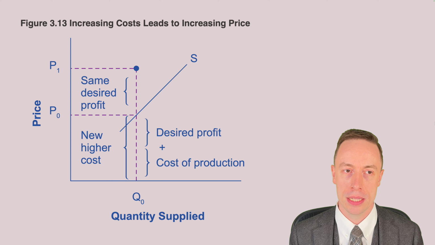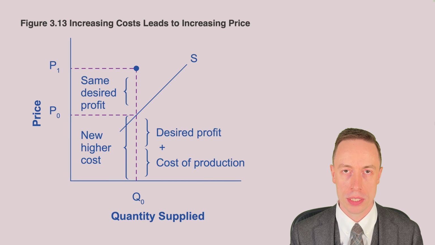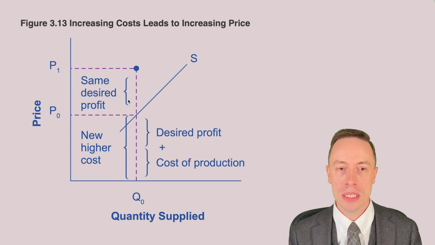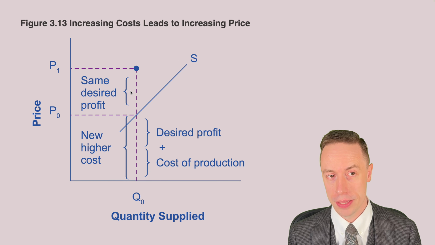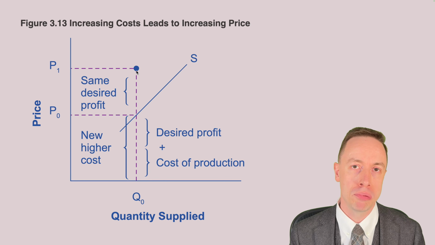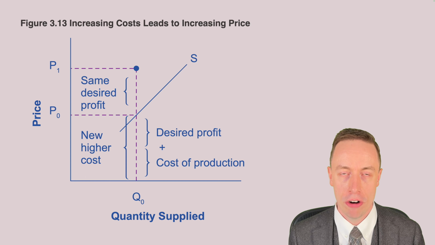So hypothetically, if the cost of production increases, for example, that steel gets more expensive, if we now add the same desired profit on top of that number, we end up at a higher reservation price for the same quantity, outside of our original supply curve.